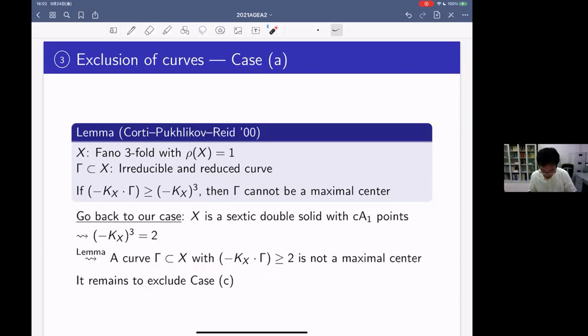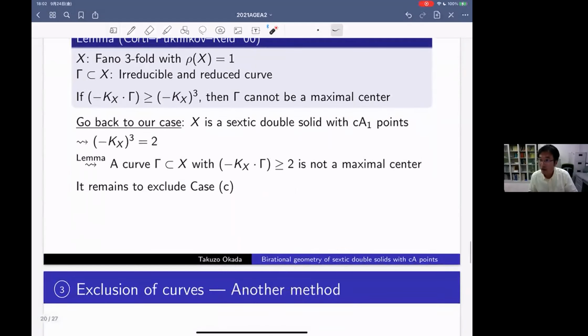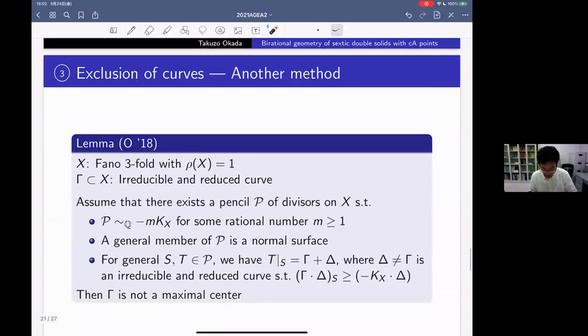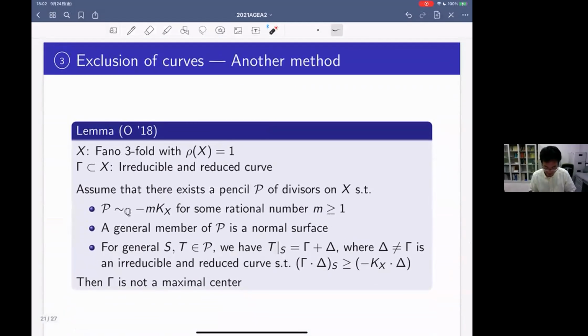So essentially, the most difficult case, the curve case, is case C. I will explain it in the remaining time. For this case, we need to apply some other method. Let me explain the method.